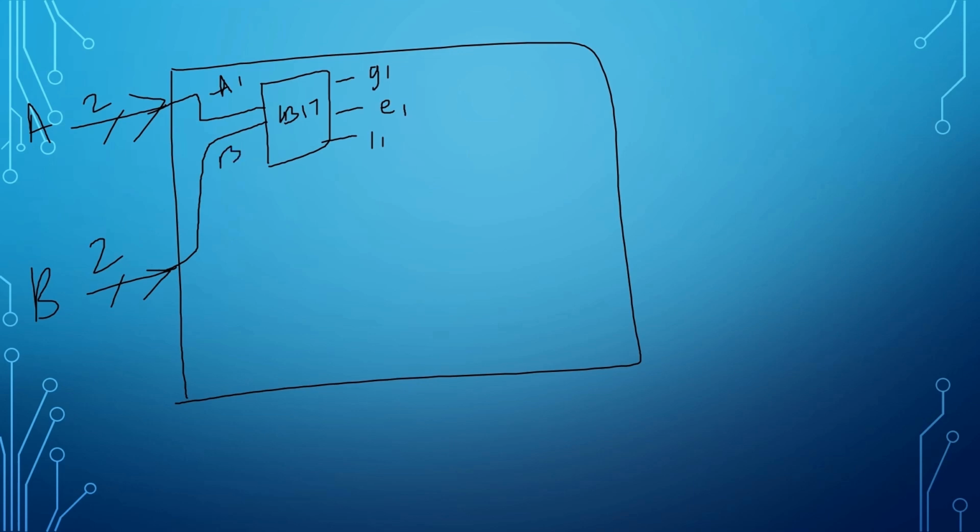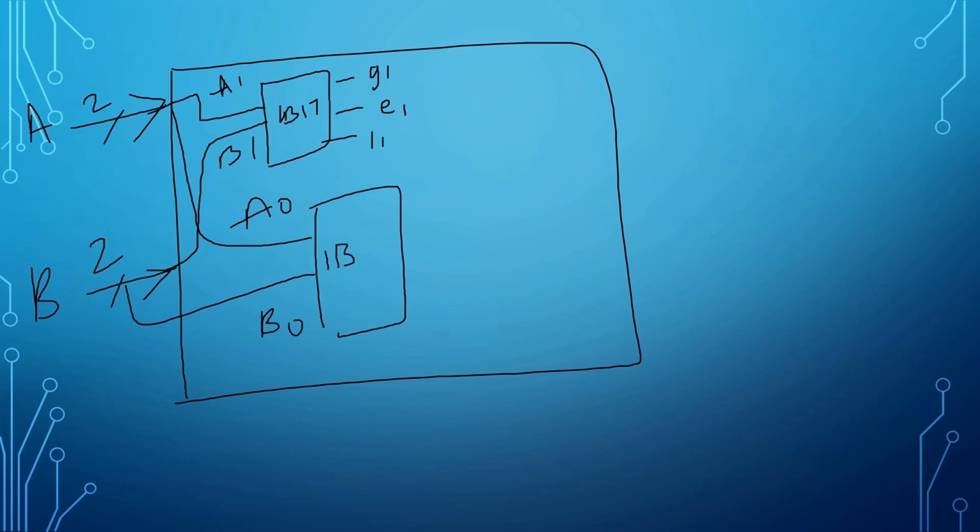Similarly A0, B0 go to another 1-bit comparator. Then we get outputs G0, E0, L0, or we can assume anything like G2, E2, L2. It's not a big matter.